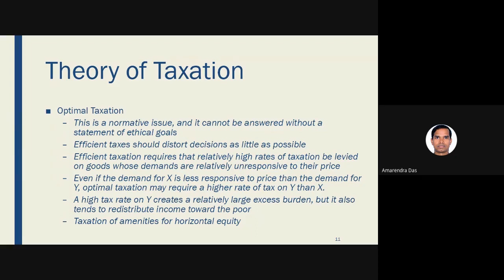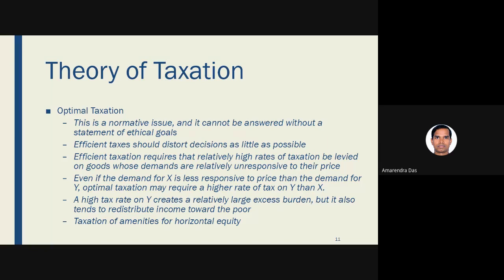But in case of a poor person who is earning 100 rupees, and he also has to buy rice worth 100 rupees, and he is also paying 10 rupees tax, then in absolute quantity he is paying the same amount, but in proportion he is paying how much? He is paying 10% tax.